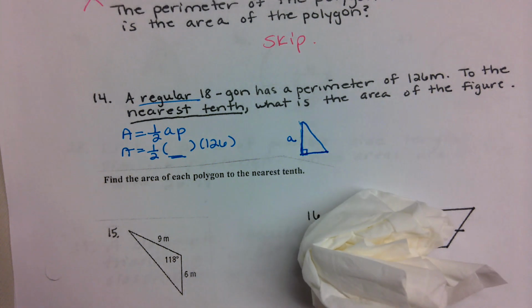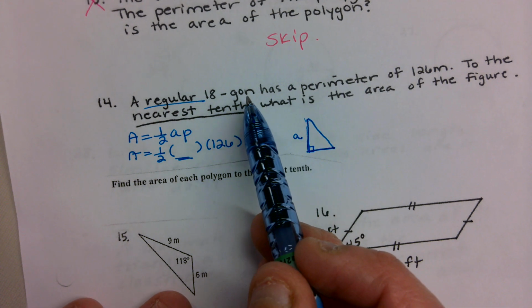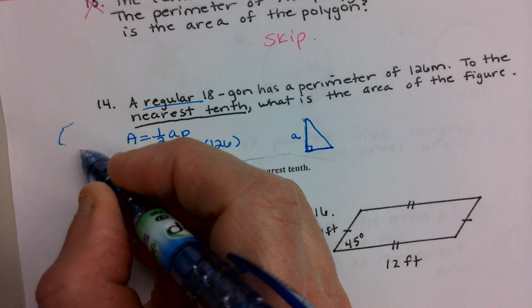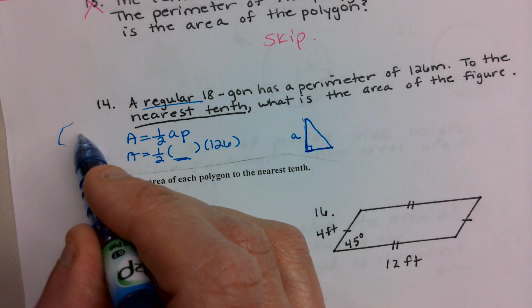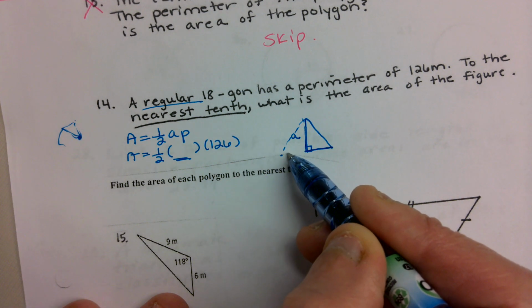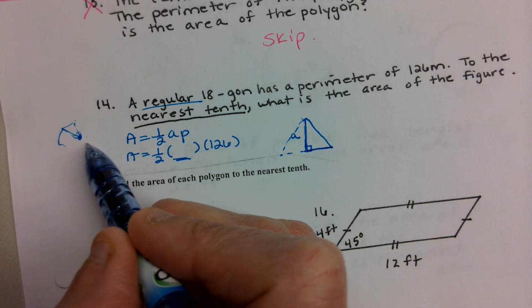I gotta pause again. I'm sorry, guys. Okay, so picture the middle of this 18-gon. You've got this massive figure with all these sides, and in the middle, it's split into these triangles that look like that. How many of these little triangles are there in the middle?